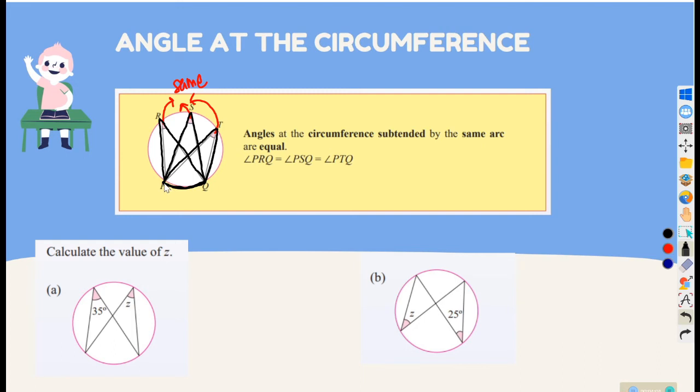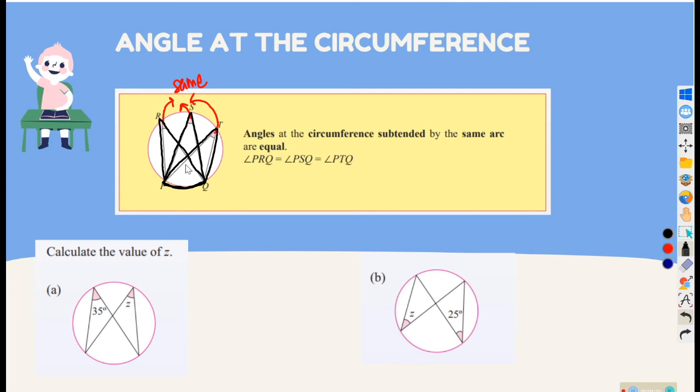When it goes to the same arc, the angles at the circumference are also the same. So R, S, and T have the same value.